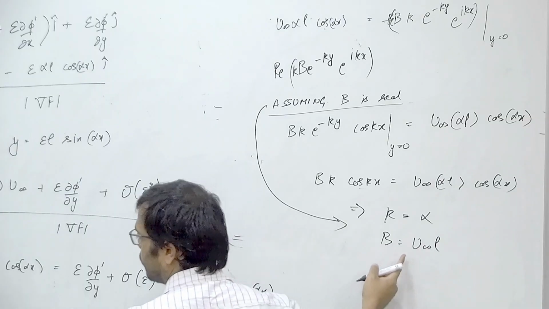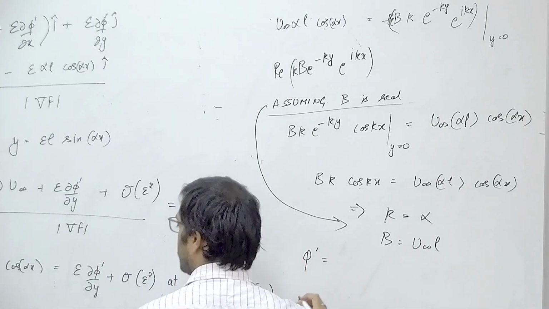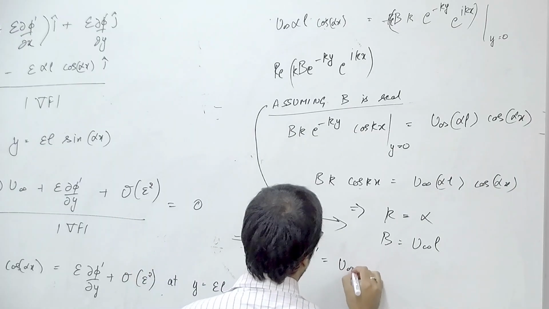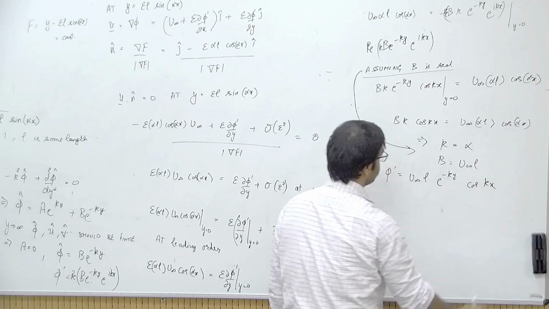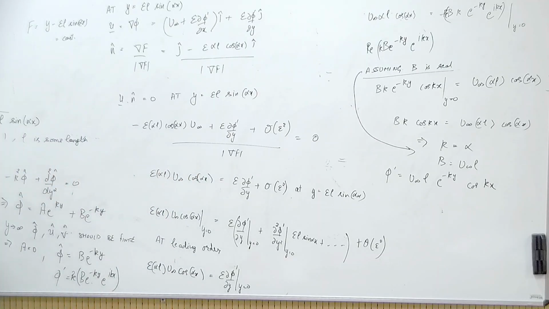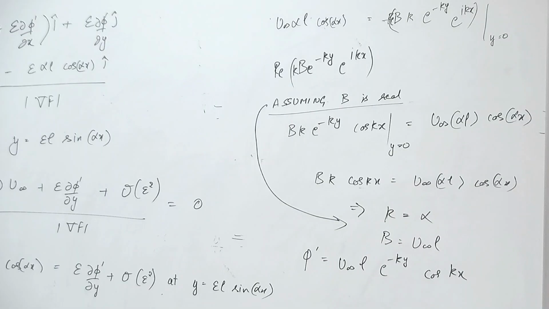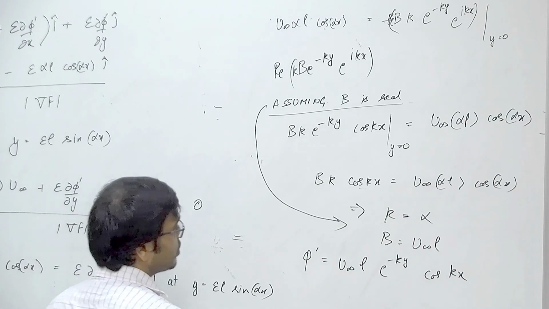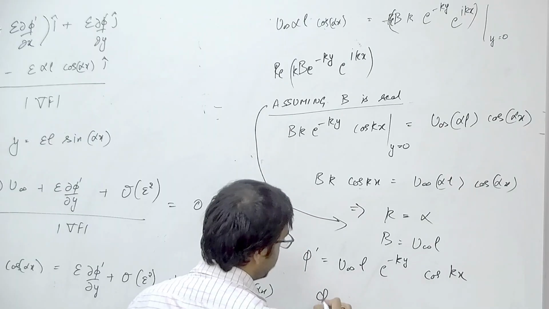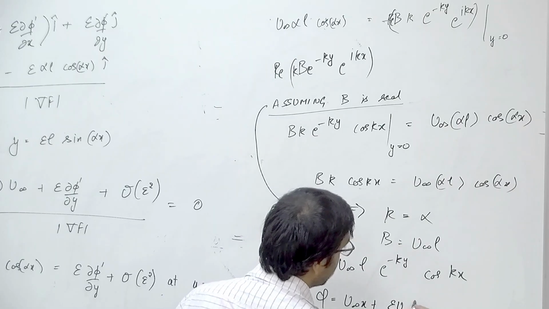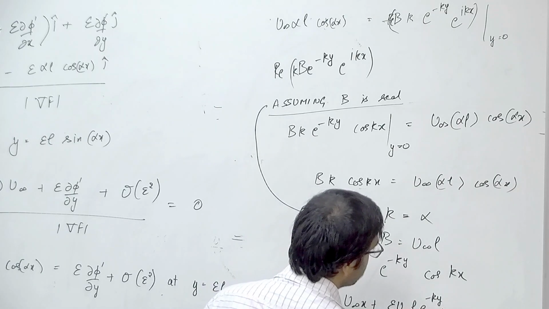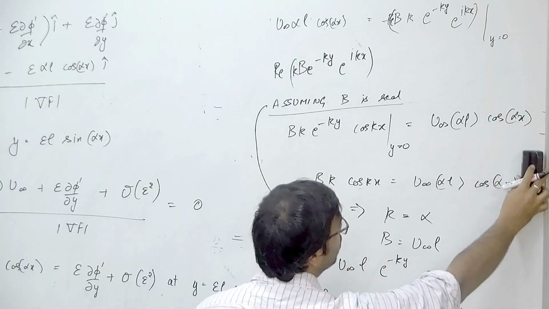So, we get the full solution as phi prime is simply u infinity L e to the power minus k y cos k x. Of course, your total velocity potential, which is u infinity x plus epsilon u infinity L e to the power minus k y cos k x, is correct up to leading order.